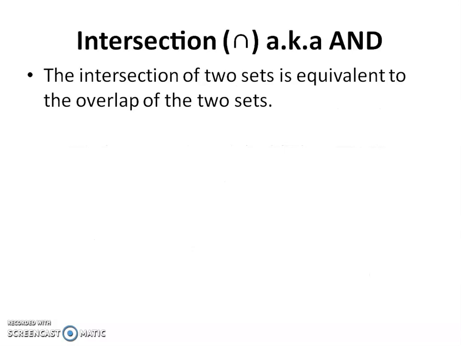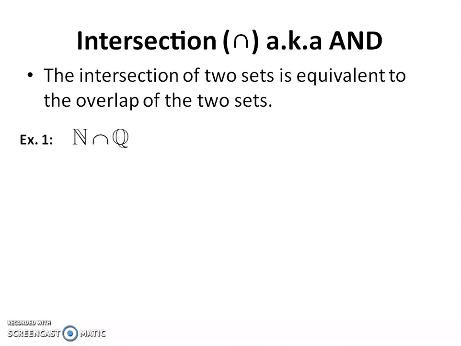The other symbol, and this is the final one that has to do with set notation, is this upside down U. It means intersection, and another way to look at it is this term AND, and I'll explain why that is in a minute. But the intersection is where two sets overlap visually.